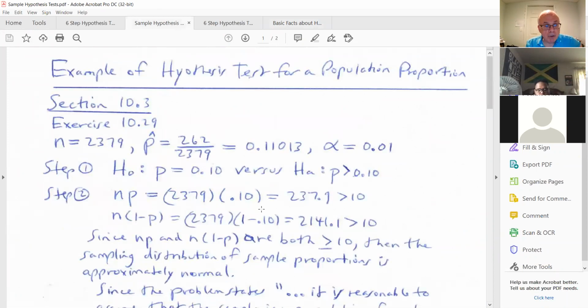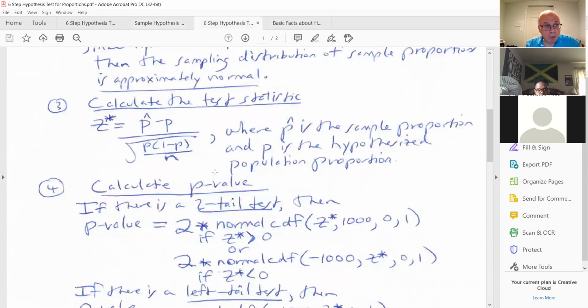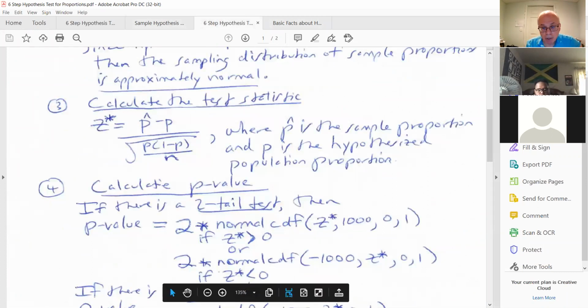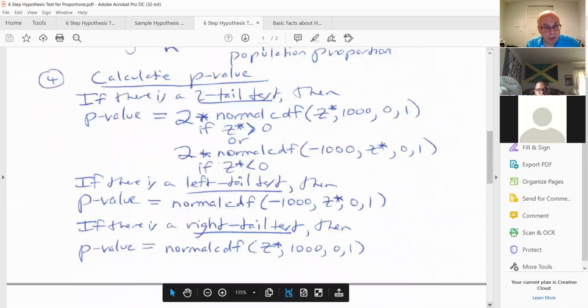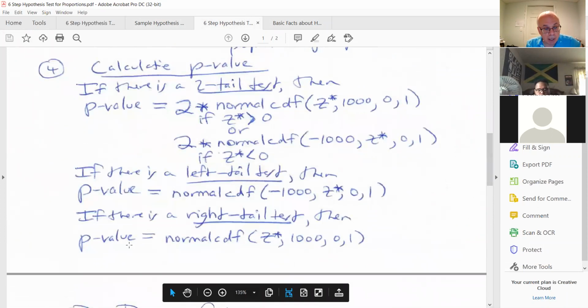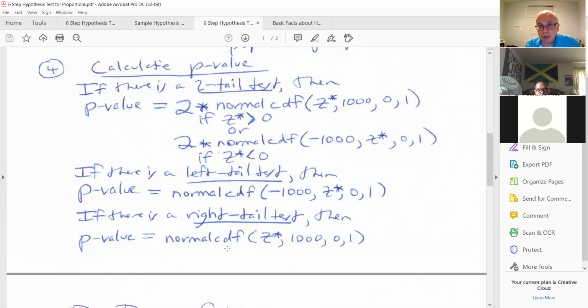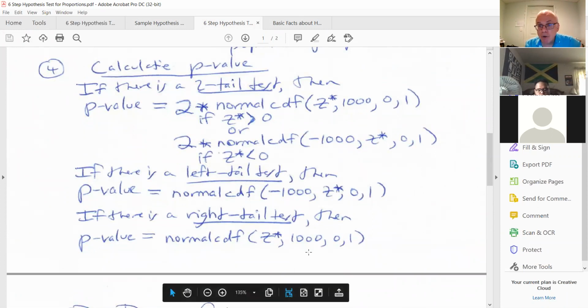Okay. So let's go back to the handout for a proportion. Notice that it is a right-tailed test. So for step 4, you just scroll down till you see right-tailed test. It's down here. And this is what you're going to write. This is your calculator steps. By the way, as far as grading the final exam is concerned, if you write this normal CDF here and put everything inside of it, full credit, because it's showing me what you did.